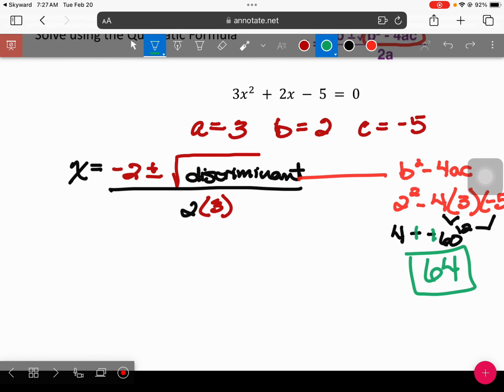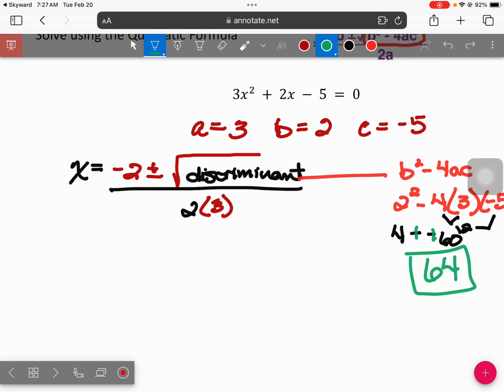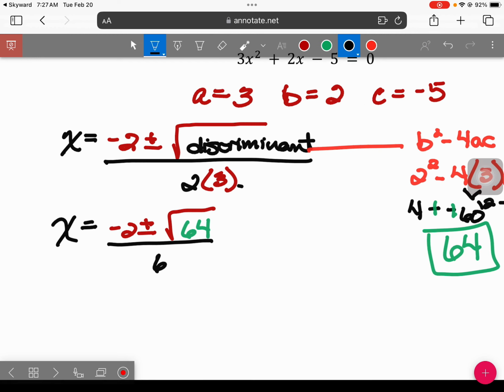Thank you. Okay, so I should have 2 real roots. So I'm going to say X is equal to the opposite of 2 plus or minus the square root of 64. That is my discriminant. Okay? All divided by 2 times 3 is 6.